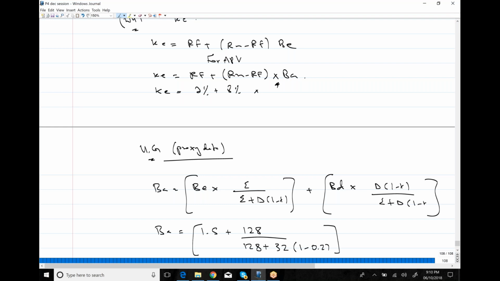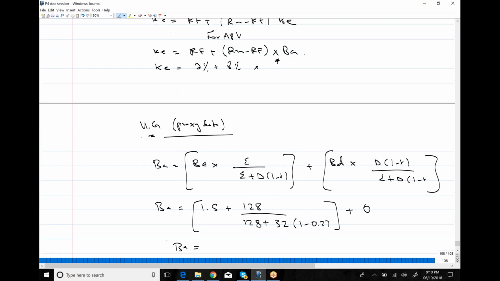Now nothing is mentioned regarding the beta debt, right? So I will assume that beta debt is 0. So this whole second term will become 0. So beta asset will be equal to, now whatever your beta asset will be, it must be less than 1.5. Remember I told you this is one of the deadly sins, so you have to be a little careful.